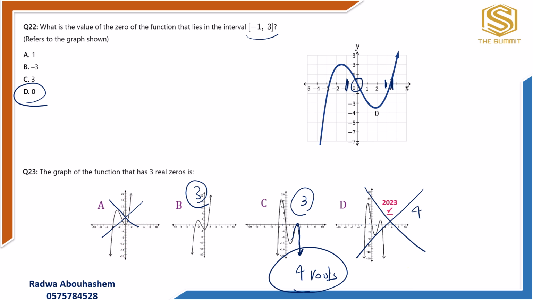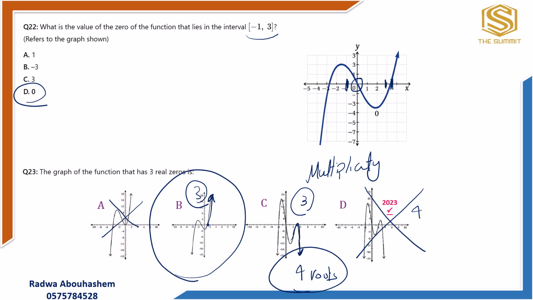So the only choice here is B, because the graph crossed the x-axis. So again, if the graph touches the x-axis and returns back, this means that you have a multiplicity. If your graph crosses the x-axis, there is no multiplicity. So my choice here is B.